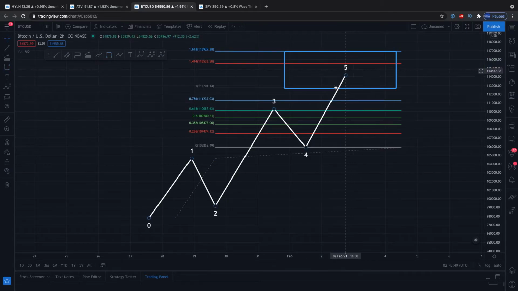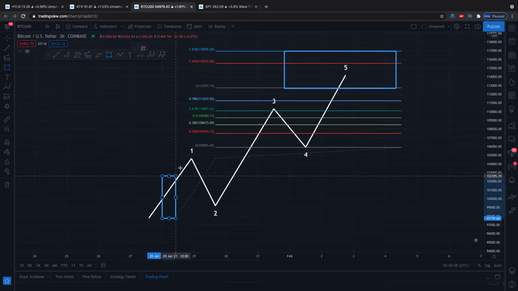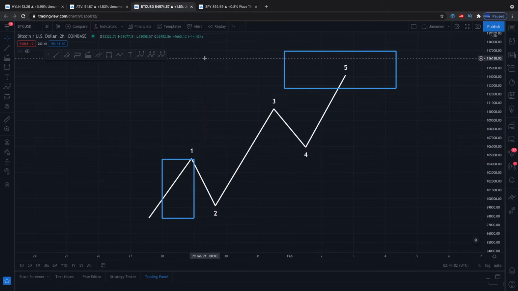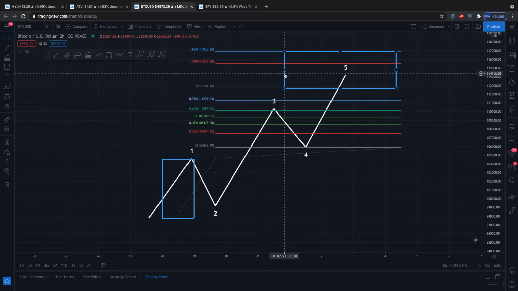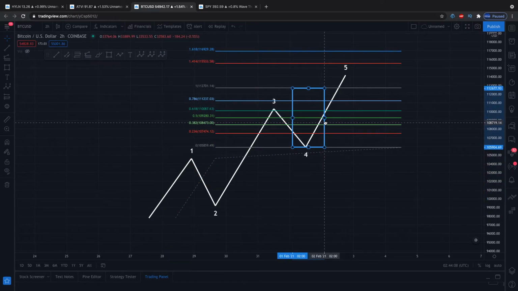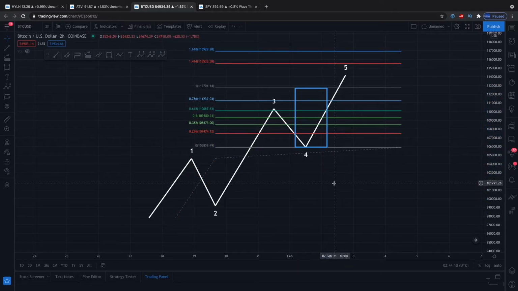And what you do with wave 5s, if you want to project a conservative price target, is to do this. You take a box, and you simply draw a box around the height of wave 1. Let me show you what I mean. We drag this rectangle right here to wave 4, and this shows you the one-to-one retracement level.